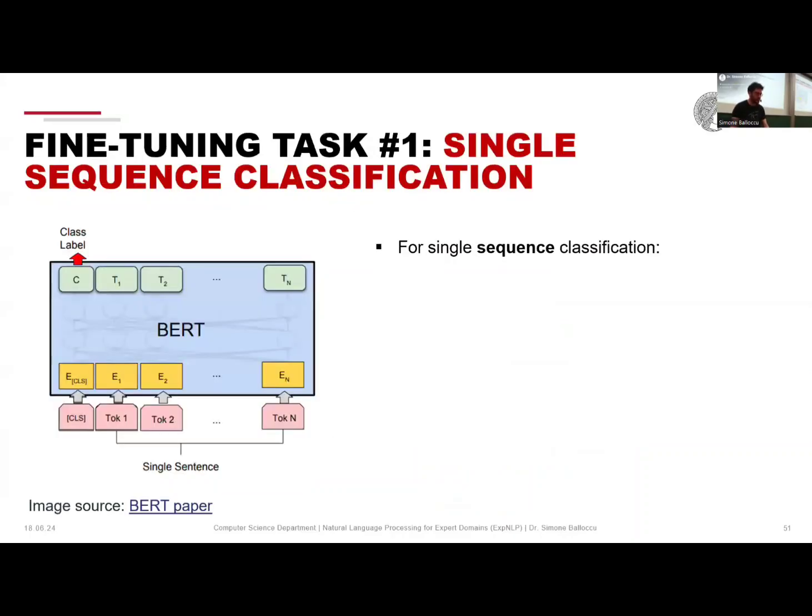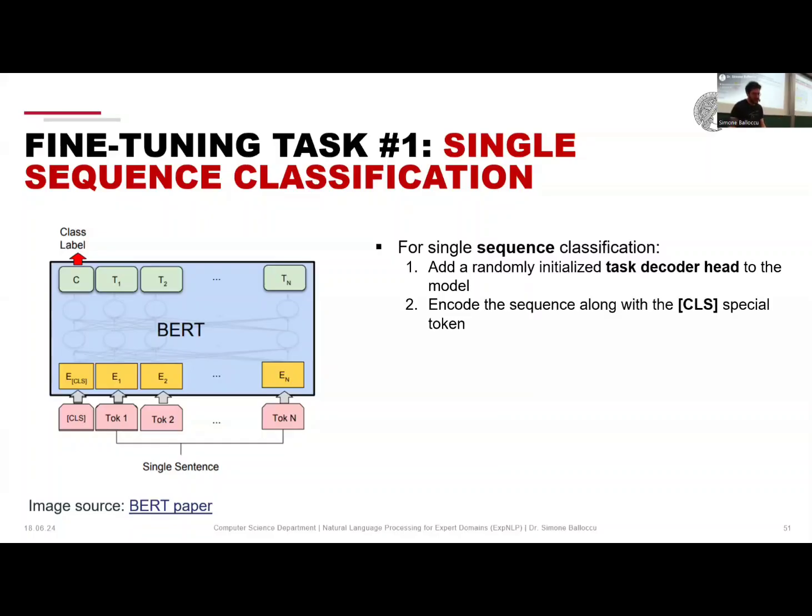So let's say we're doing sequence classification. For a single sequence classification, we add a randomly initialized decoder head at the top of the model. We model the entire sequence with the classification token that, remember, is supposed to be a summary of the sentence. And we use this token representation, its own word embedding, as the input to the decoder head.